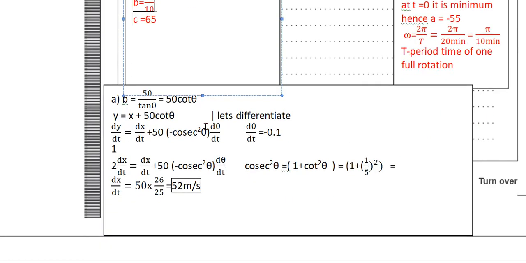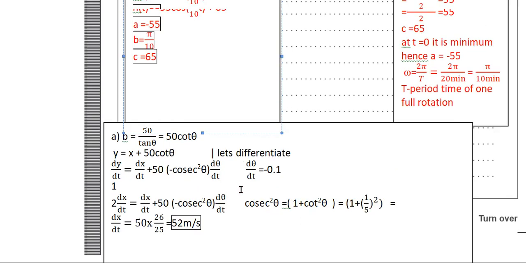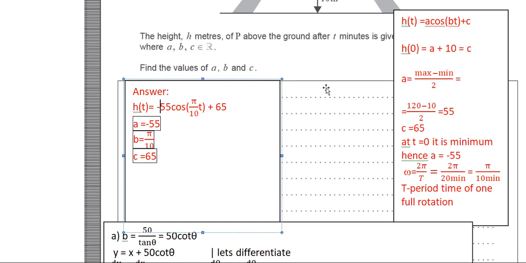Next question is very interesting. A Ferris wheel with diameter 110 rotates at constant speed. The lowest point, okay. So am I reading the same question? Let's return.